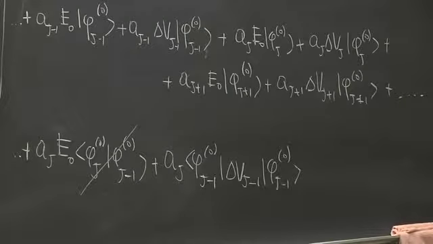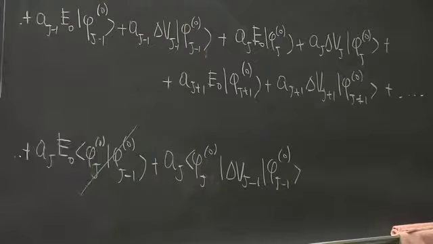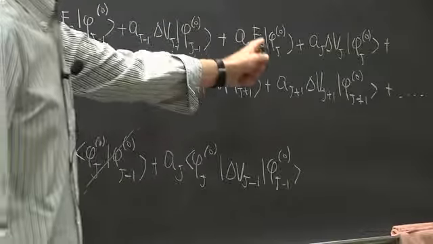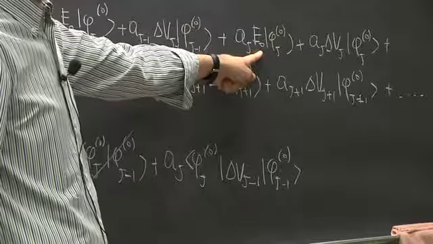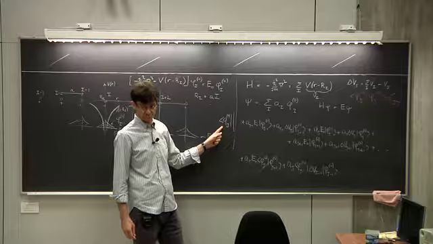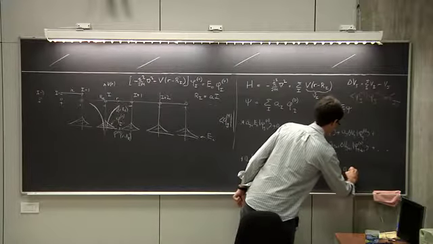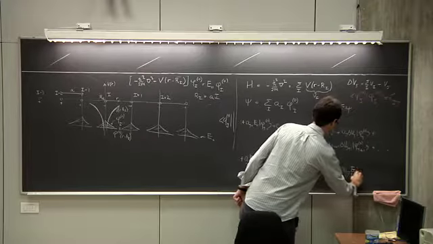That's the phi j. I'm projecting on j. So these are the first two terms. Third term, what's going to happen if I project it on phi j? 1, right? So this is just aj e naught.